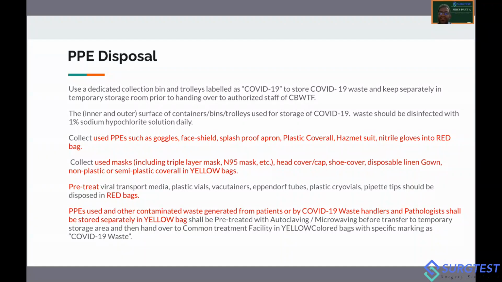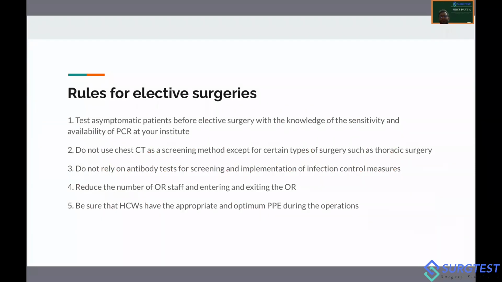And all the transport media, plastic vials, cryo vials, pipette tips, all those sort of stuff should go into the red bags. Contaminated waste or pathogenic waste will be separately stored in a yellow bag and should be pre-treated with autoclaving or microwaving before it goes into the specific COVID designated bin.